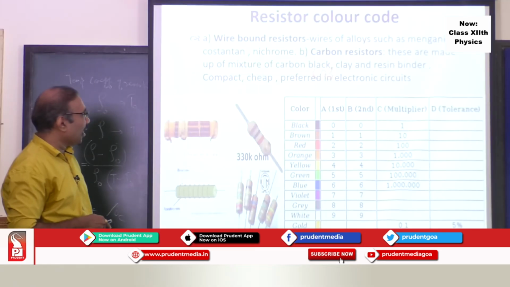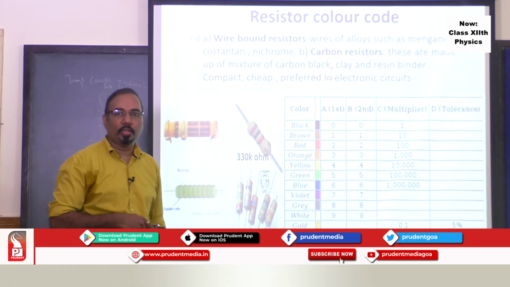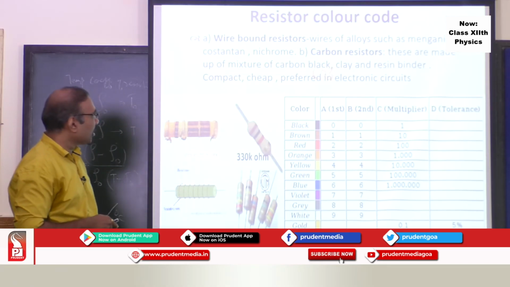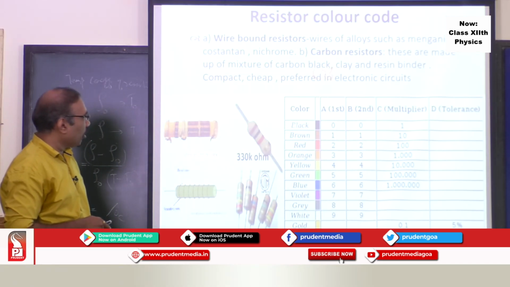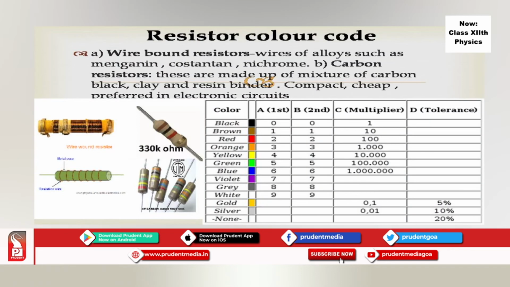Now, how exactly can one find the value of the resistor using this color code? The colors are black, brown, red, orange, yellow, green, blue, violet, gray, and white, and they are assigned certain digits.